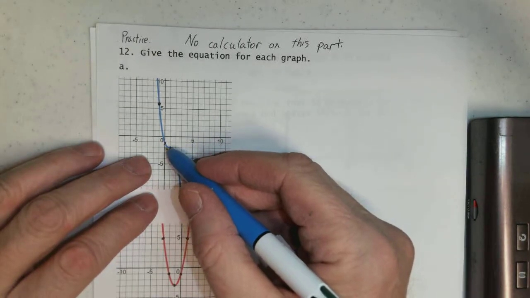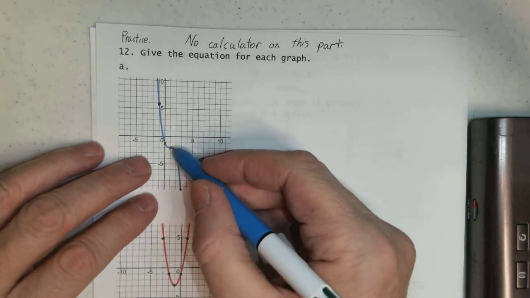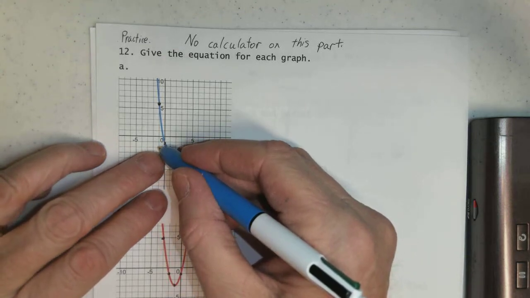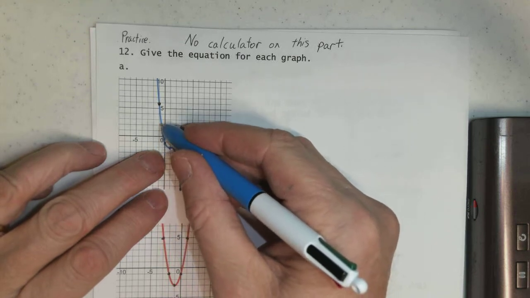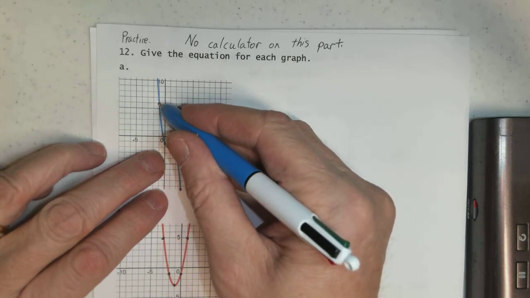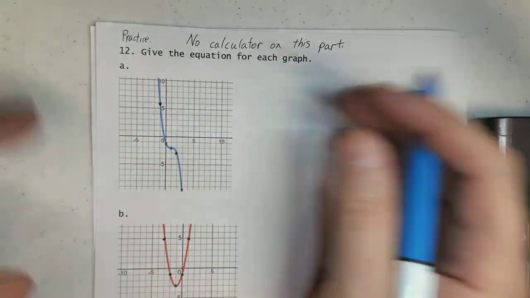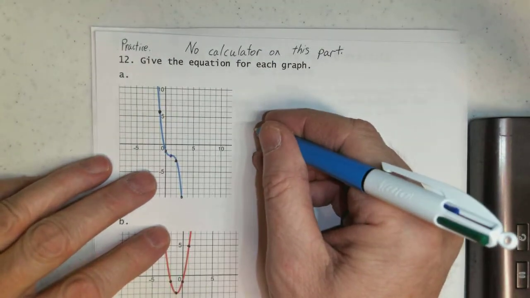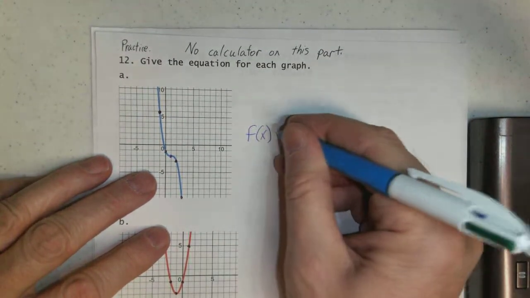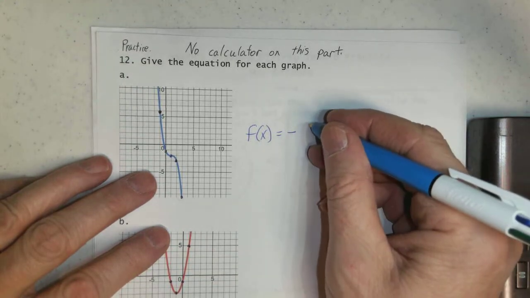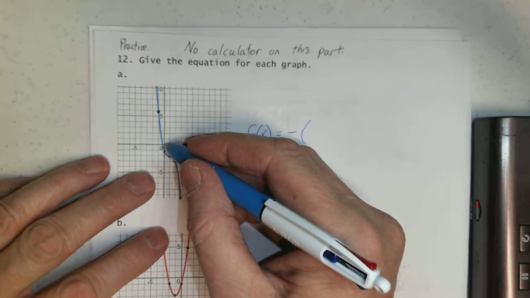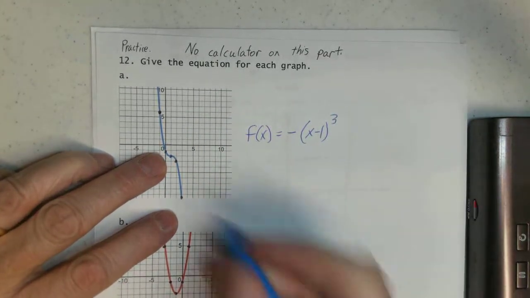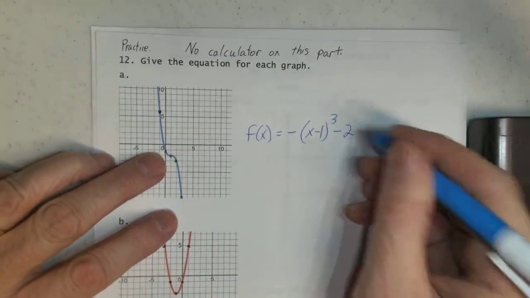And if I go over 1, up 1, 1 to the third power is 1 from the middle. 2 to the third power is 1, 2, 3, 4, 5, 6, 7, 8. So this is not being stretched or compressed, but it is being flipped. So I'm going to write f of x equals negative, and it is being shifted 1 unit to the right, so I'm going to write x minus 1 and cube that, and 2 units down and put minus 2.